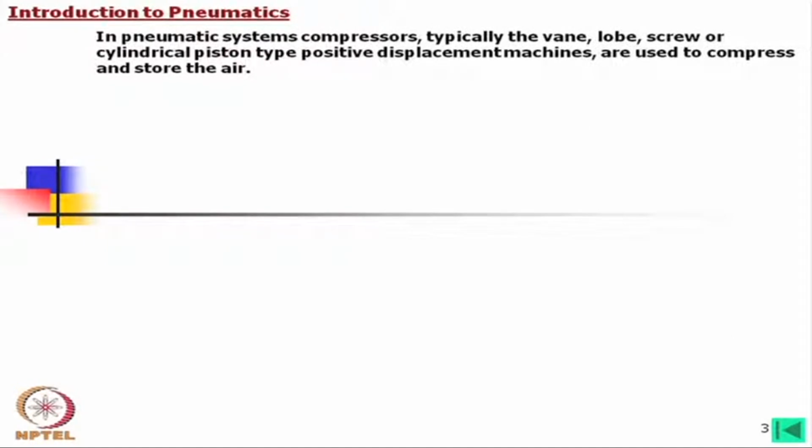In pneumatic system, compressors, typically the vane, lobe, screw or cylindrical piston type positive displacement machines, are used to compress and store the air.